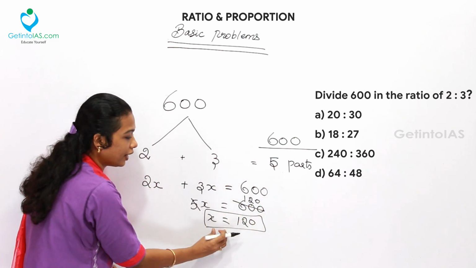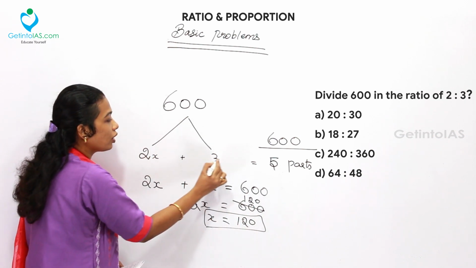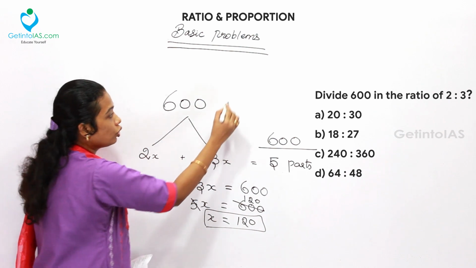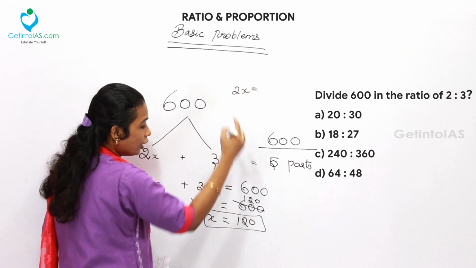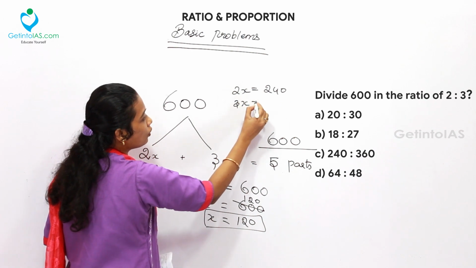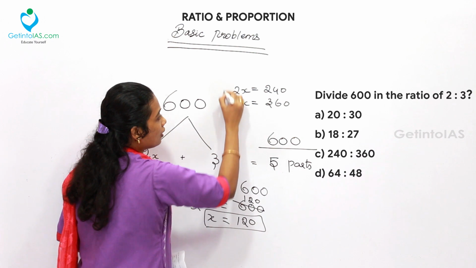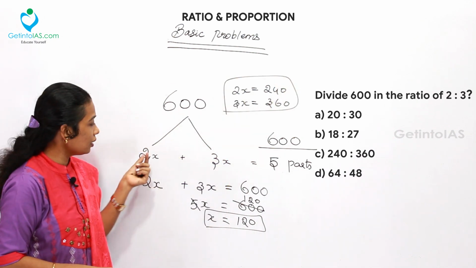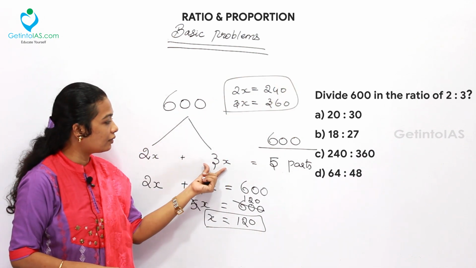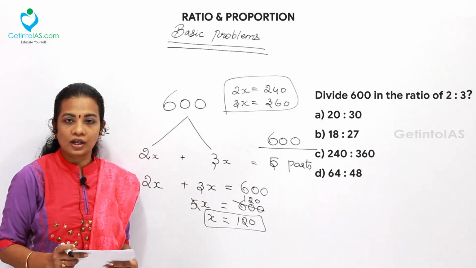As soon as you find x is equal to 120, what is 2x and what is 3x? So 2x is equal to 2 into 120, 240, and 3x is equal to 3 into 120, 360. So out of 600, 2x is equal to 240 and 3x is equal to 360. Finally, my option is C.